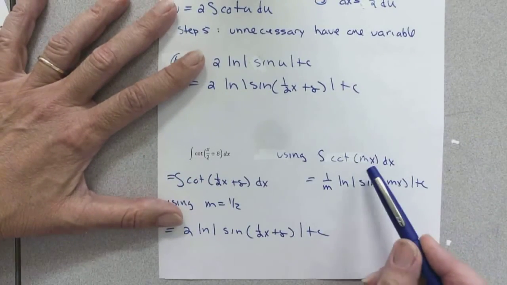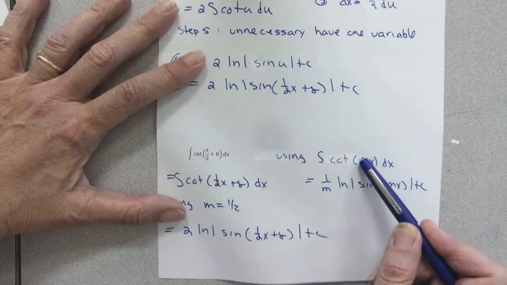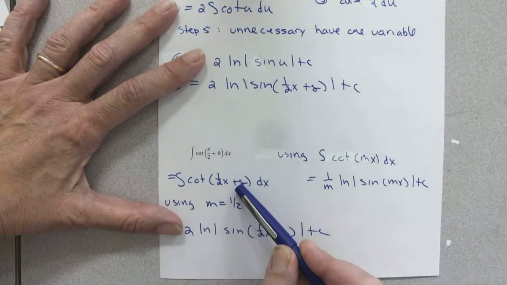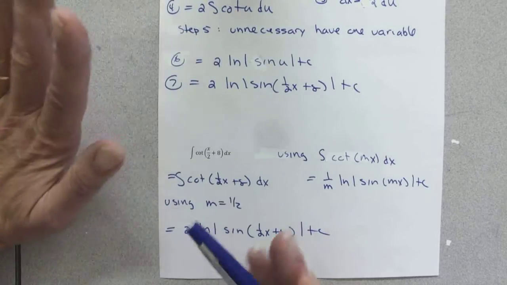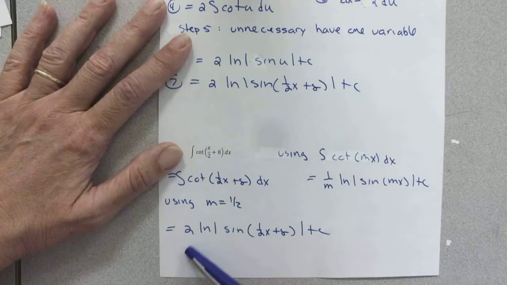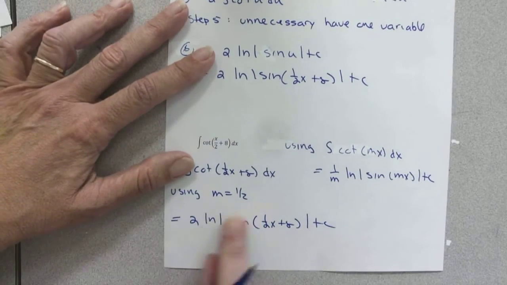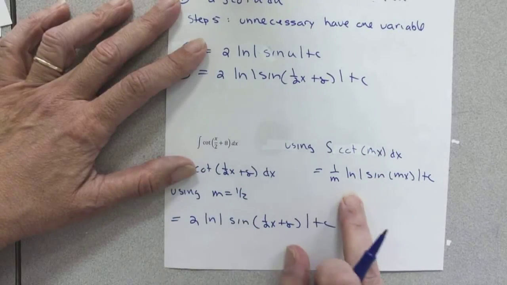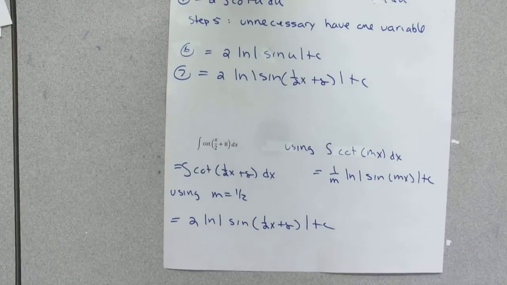But if you are truly understanding that when my arguments are linear, mx plus b, the effect of that slope when I integrate is going to be divide by it. And so when I divide by 1/2, I get 2, and then the rest of the problem, the integral of cotangent is the natural log of sine.